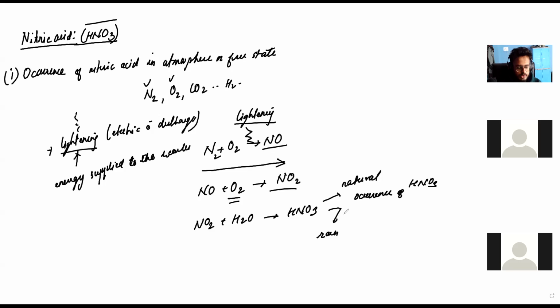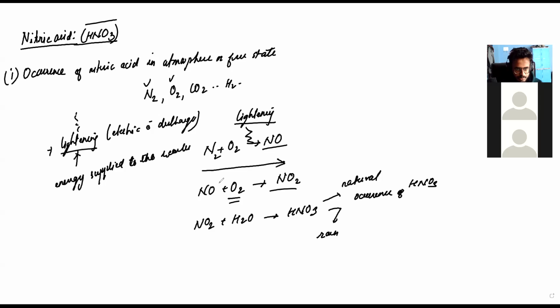So the natural occurrence of nitric acid is in the free state. It's in the atmosphere itself, right? So how is it formed? We call it acid rain, right? So one of the acids that is present in acid rain is nitric acid, and it is directly formed in the atmosphere. So how is it formed? When there is lightning, nitrogen and oxygen can combine together to form nitrogen oxide.